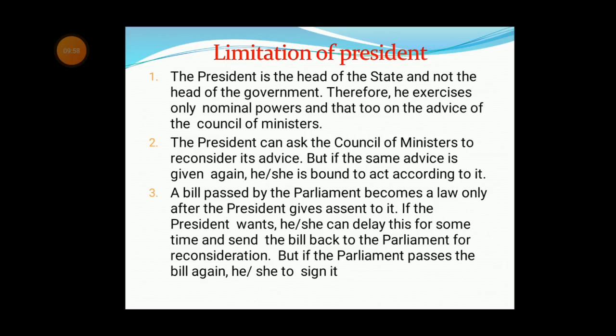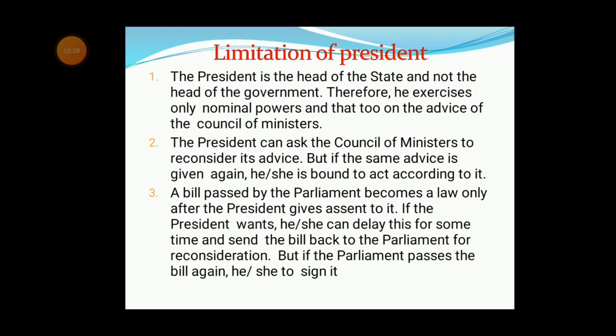If any discussion is going on and the president's advice is needed, they will take it up, but in some cases the advice is not accepted, and he or she is bound to act according to it. So if the council of ministers says they are not going to give permission to release the person from prison, then the president also will not allow them to go out. This is what will happen. The president cannot act independently on anything; he has to go along with the council of ministers.